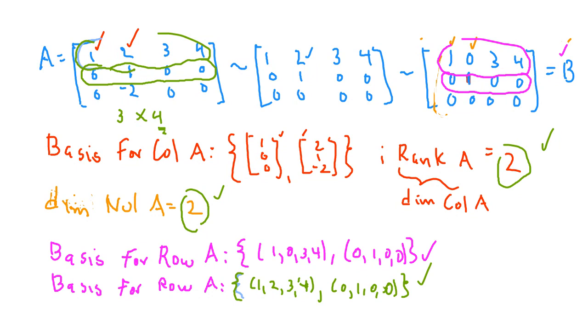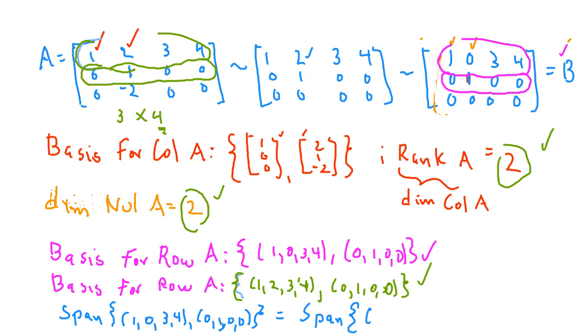Now, I'll ask you this. If this is the case, does the span of the vectors 1, 0, 3, 4 and 0, 1, 0, 0 have to equal the span of the vectors 1, 2, 3, 4 and 0, 1, 0, 0?